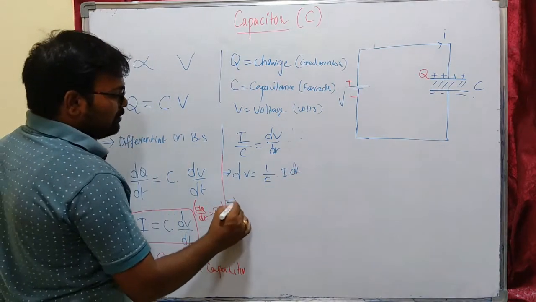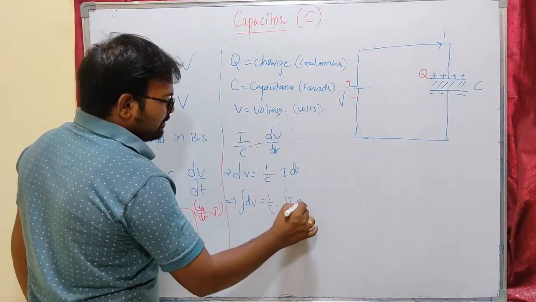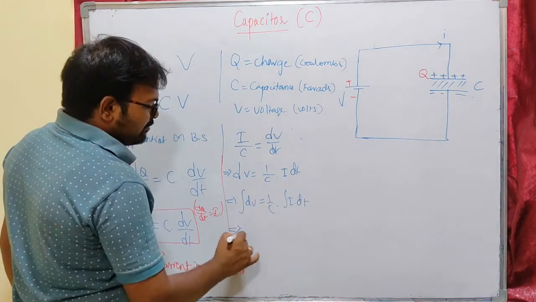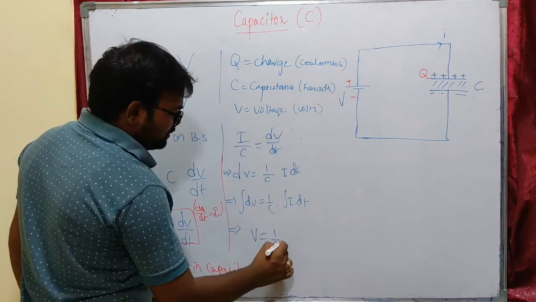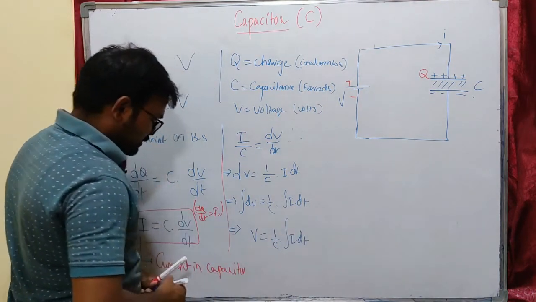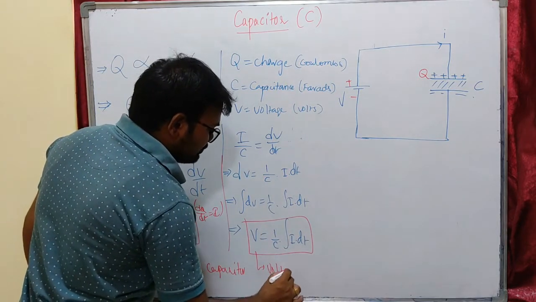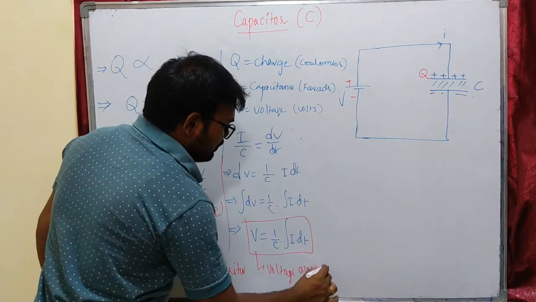You can integrate to eliminate the derivative, so integral dV equals 1 by C integral I dt. Differentiation and integration cancel out. So V across a capacitor is equal to 1 by C times the integral of I dt. So this is the voltage across a capacitor.